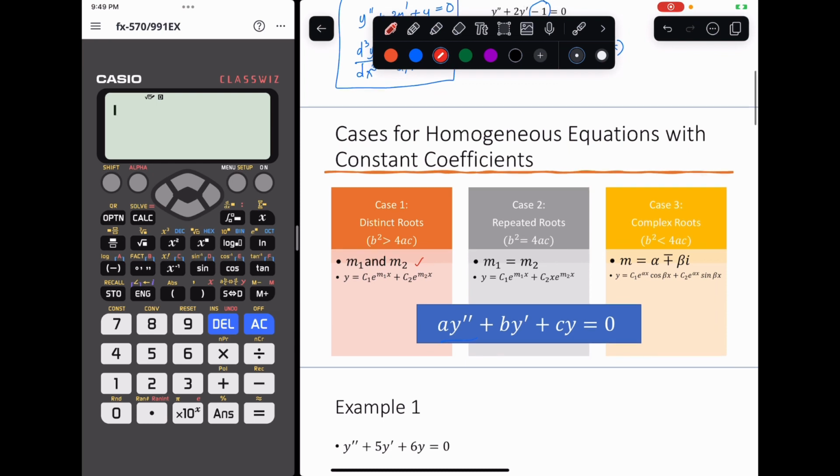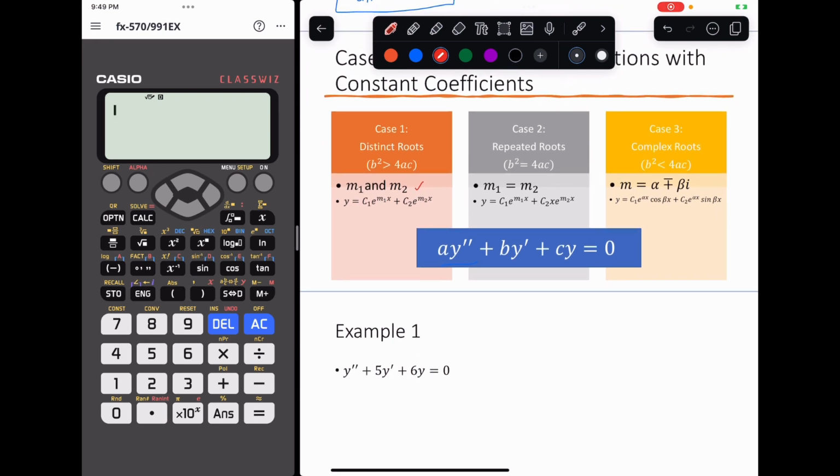The linear combination or the general solution for case 1 would be y equals c sub 1 e raised to m sub 1 x plus c sub 2 e raised to m sub 2 x, wherein m sub 1 and m sub 2 correspond to the real roots of the coefficients of the differential equation. Meaning those are two distinct roots, so we just add arbitrary constants c sub 1 and c sub 2.